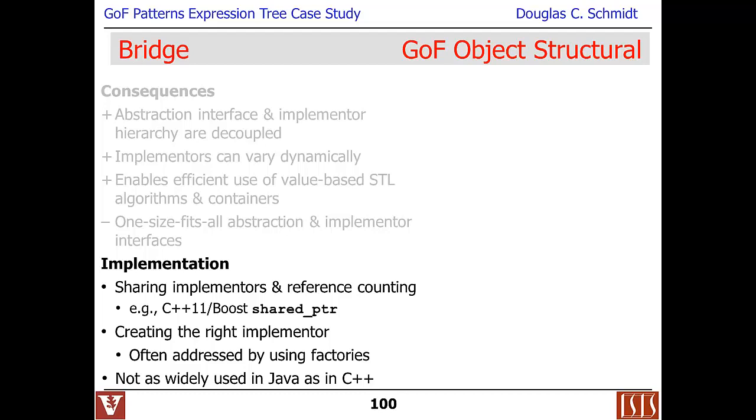Factories are often used. This is not as widely used in Java as in C++, although it is used in Java, and I'll talk about that in a second. The main reason why the bridge pattern is much more used in C++ is because it's often used for managing memory, which is less important in Java because Java has garbage collection. There are plenty of places, however, where Java uses this pattern, and the most notable ones that I've been working on lately are many of the Java synchronization and scheduling mechanisms.